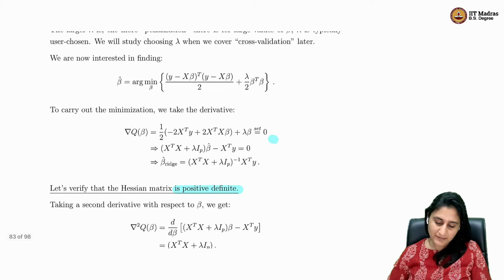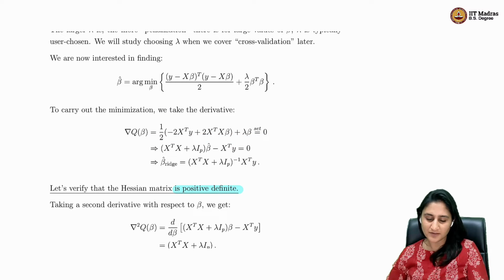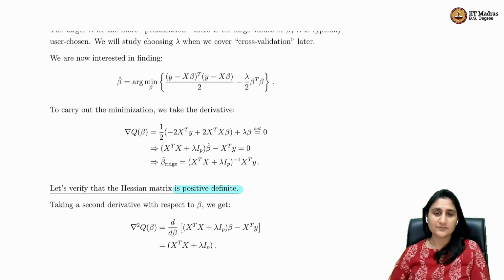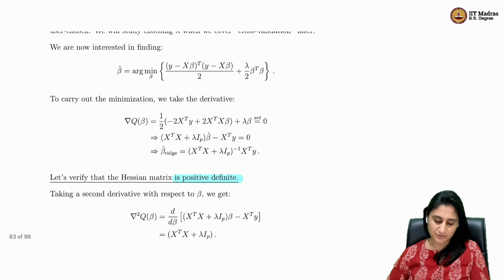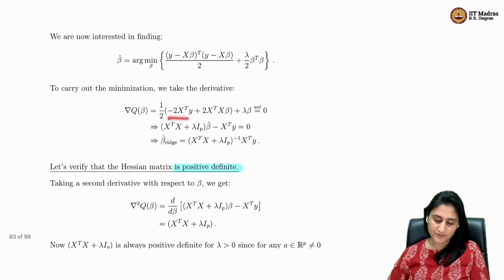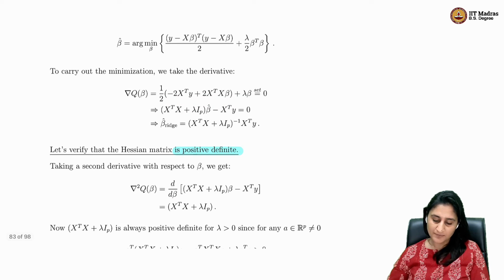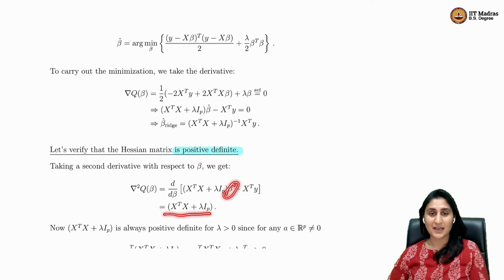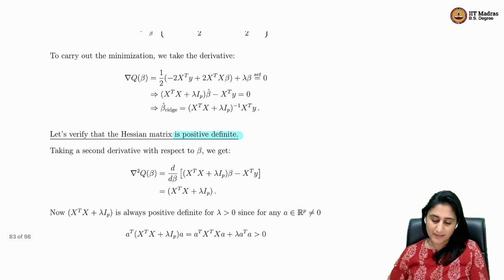Once I take the first derivative, I take another derivative to get the Hessian. So the Hessian of Q beta is another derivative of this quantity here. But there's only one beta term over here, so that becomes x transpose x plus lambda IP, whatever's constant next to the beta. This term doesn't depend on beta, so that makes it much easier. And I just get x transpose x plus lambda IP.